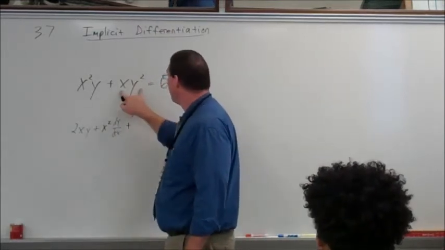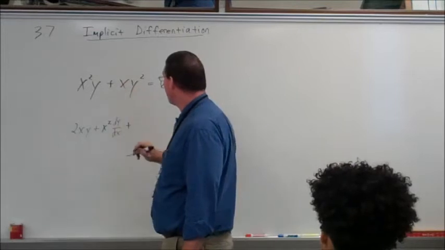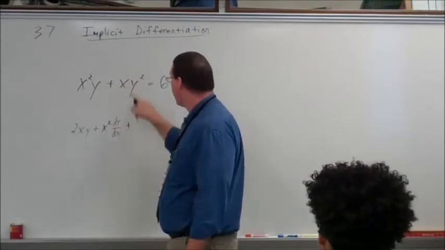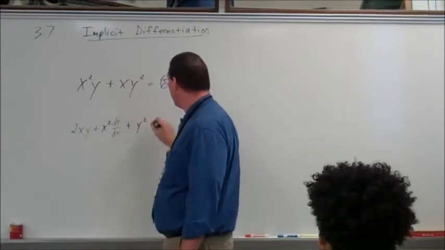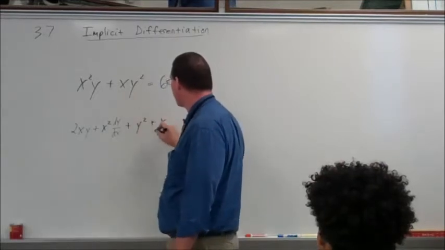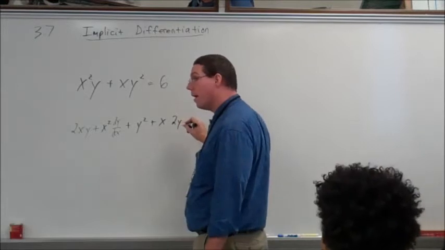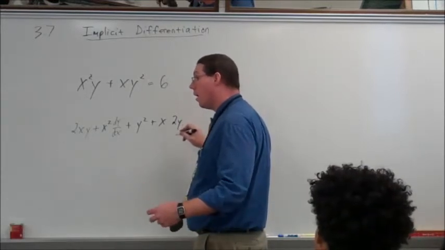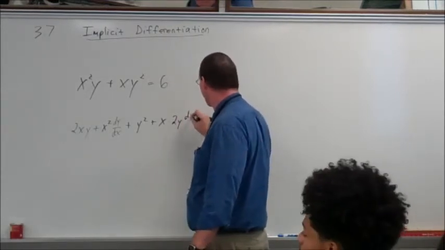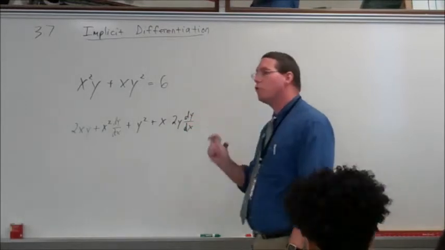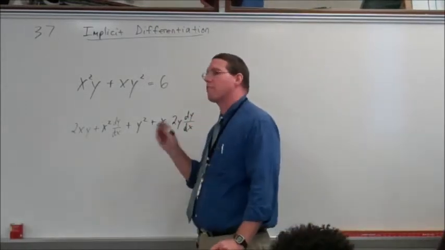Plus, product rule: derivative of this, 1, times y squared, plus x times the derivative of y squared, which is 2y dy/dx.